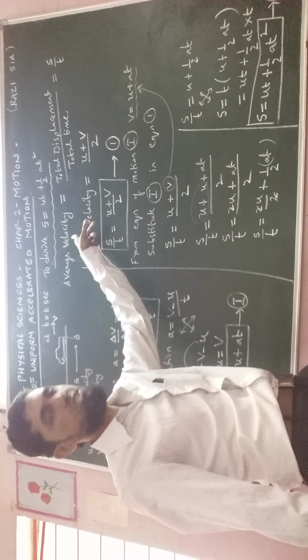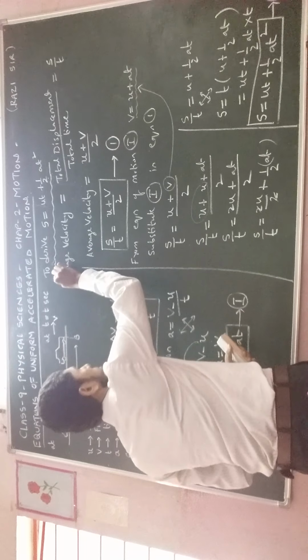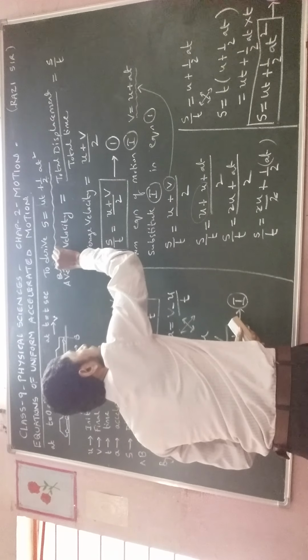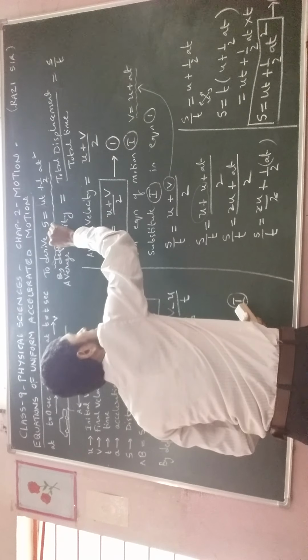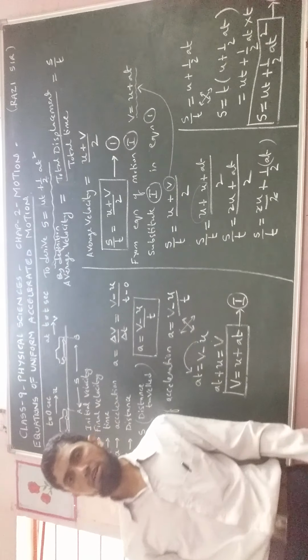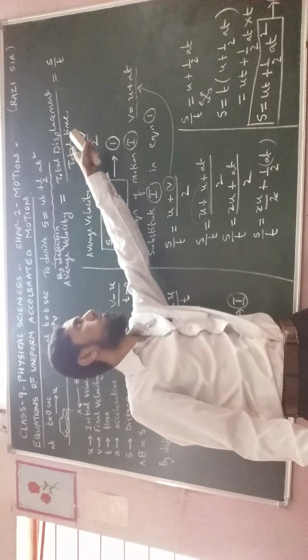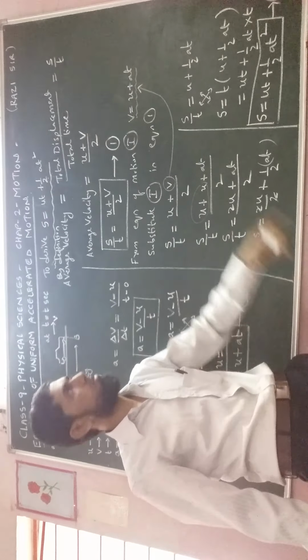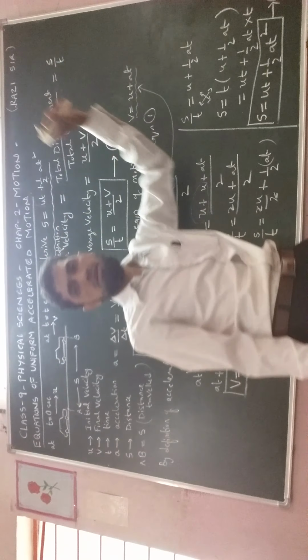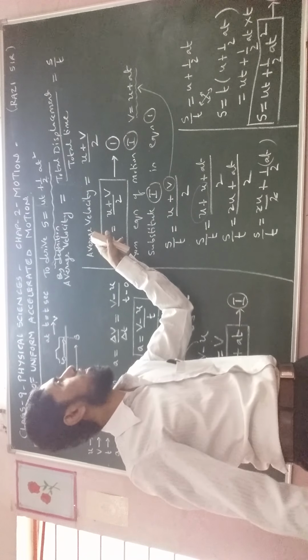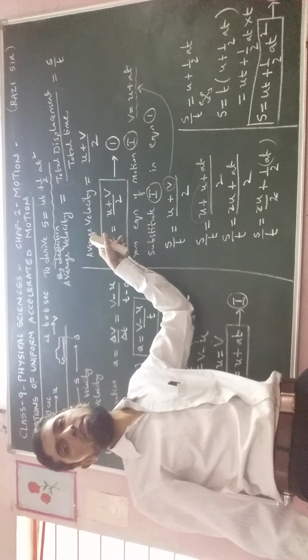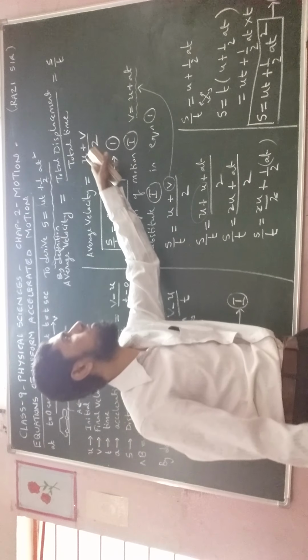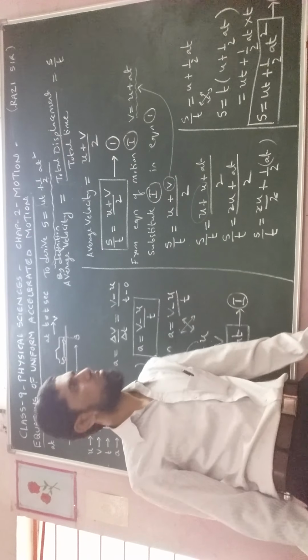We take the definition of average velocity: total displacement by total time, displacement by the letter S and time by the letter t. Average velocity can also be found mathematically using the formula u plus v by 2.